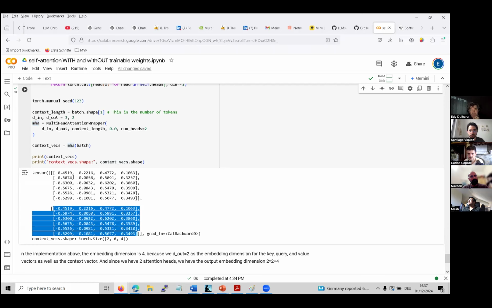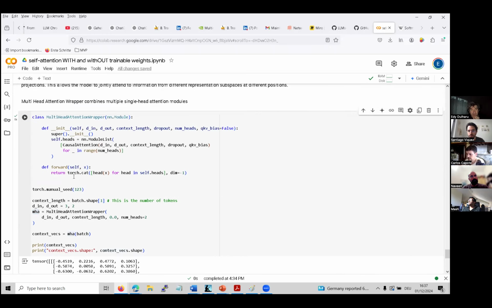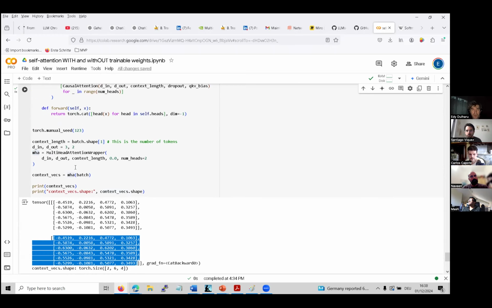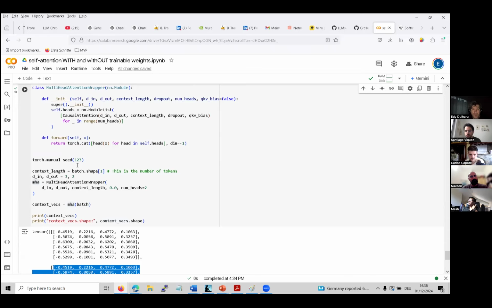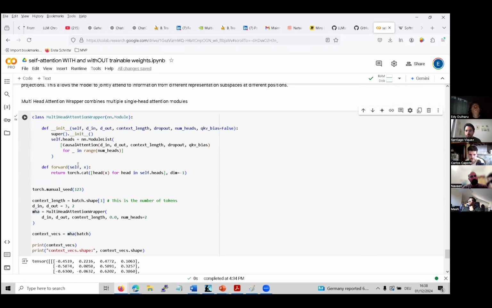How are the heads related to the embedding dimensions? Do they share that too? How the heads are related to embeddings? Okay, so these are related to the embedding in the way in which we compute the attention weights.